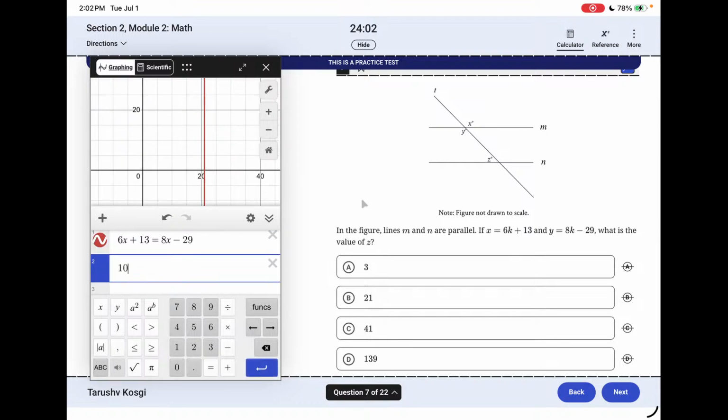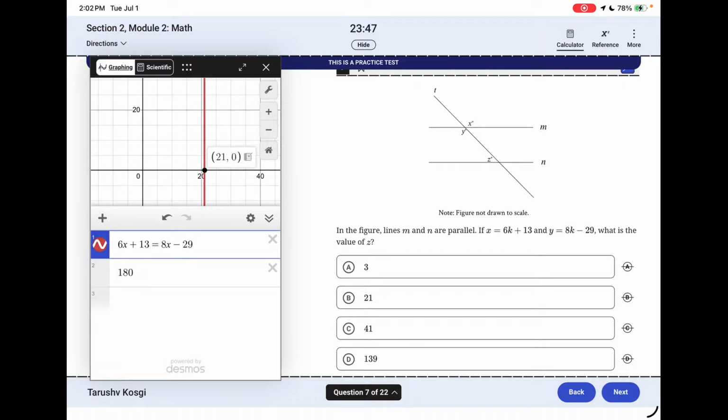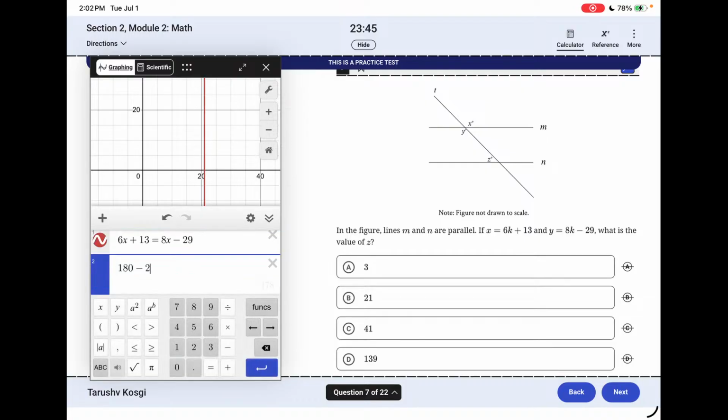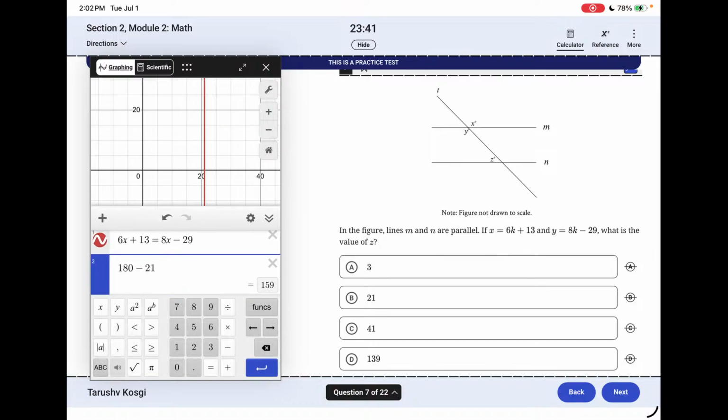So z is equal to 180 minus this. 180 minus 21. But that can't be right.